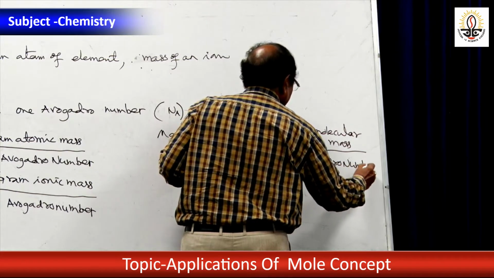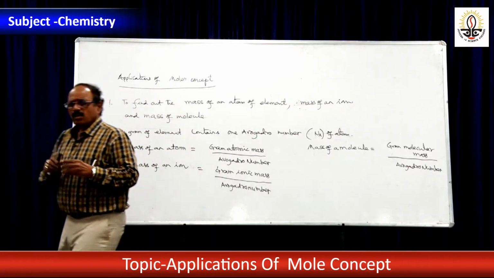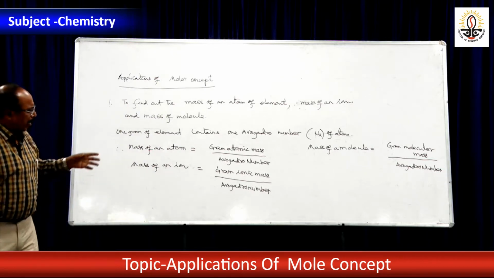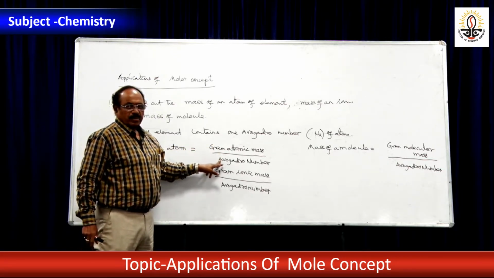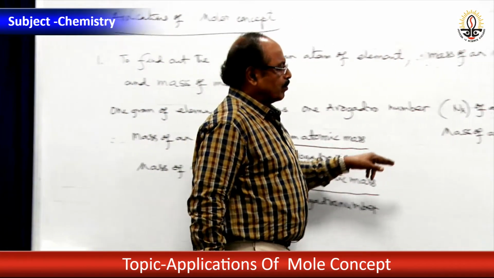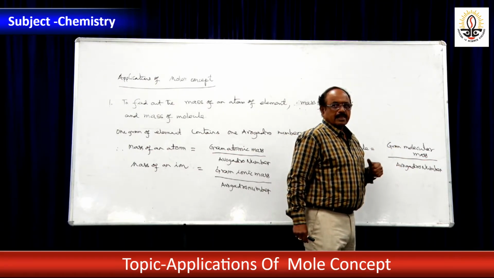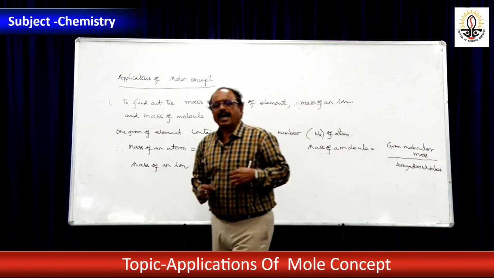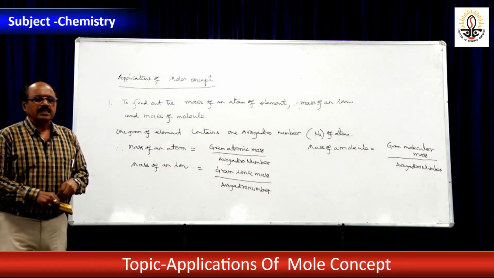Children, many often books write only formulae. They are not explaining why it is happening, because where from I got gram atomic mass is 1 mole, Avogadro number, 1 mole of ion Avogadro number, and 1 mole of the substance by 1 Avogadro number. So once it goes to your mind, any numerical, let it come anywhere, you can solve it.